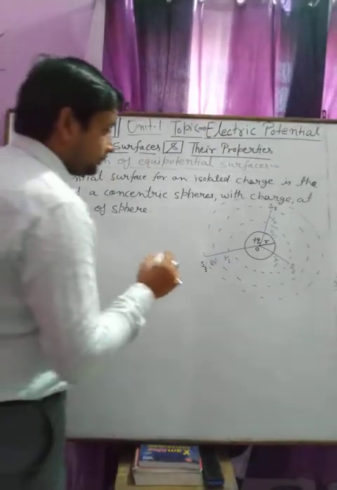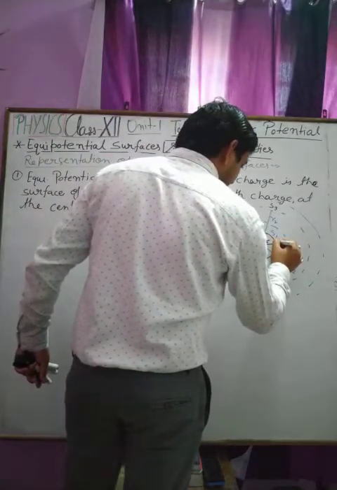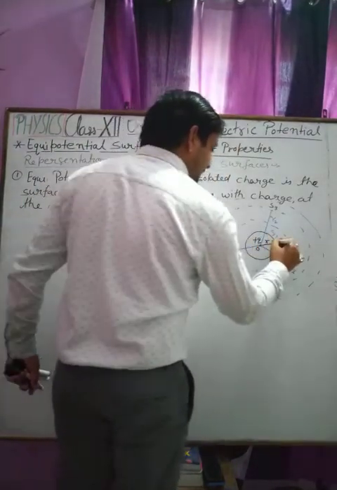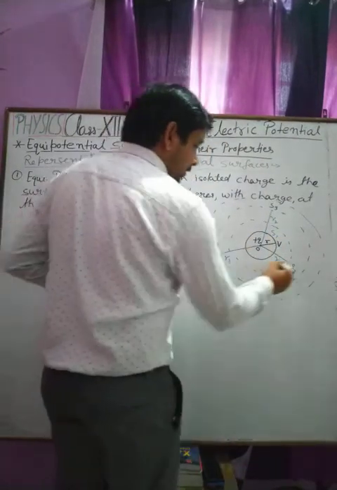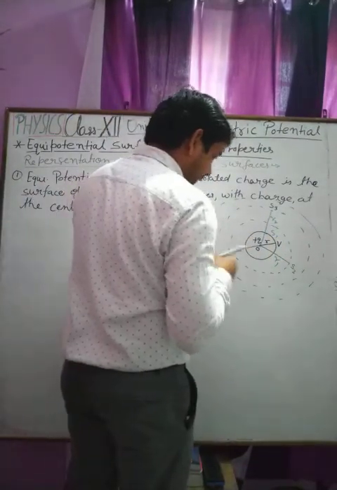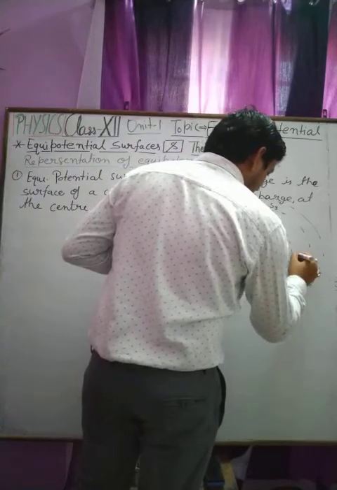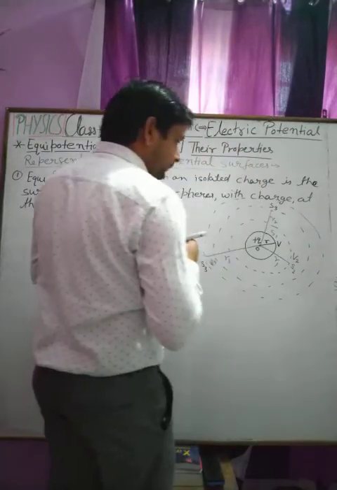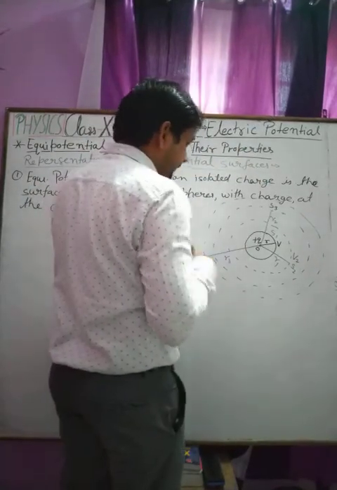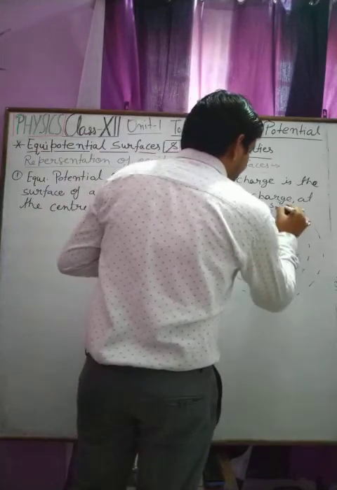Now the potential for the first surface is V1, for the second surface is V2, for the third surface is V3.